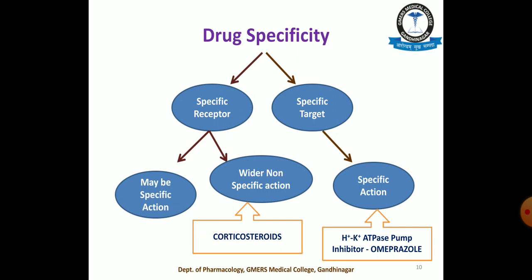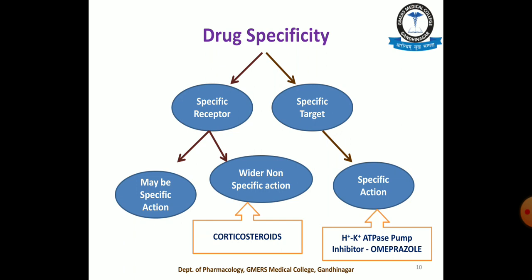While another example is, there may be a drug which is acting on multiple receptors. There can be a drug which is acting on the histamine H1 receptor, there can be a drug which is acting on the dopaminergic receptor, there can be a drug which is acting on the muscarinic receptor, and there can be a drug which is acting on all these 3 or 4 receptors, like in case of antipsychotic drugs, traditional antipsychotic drugs, that is chlorpromazine.